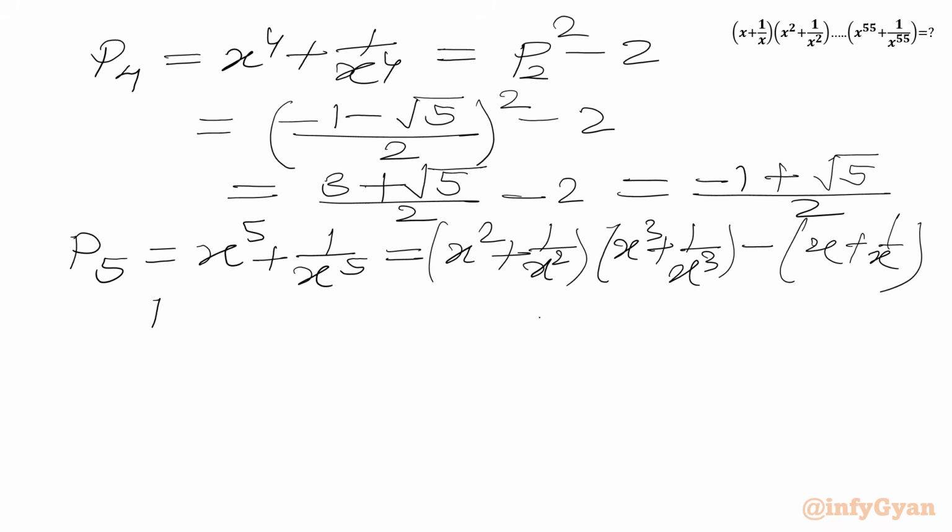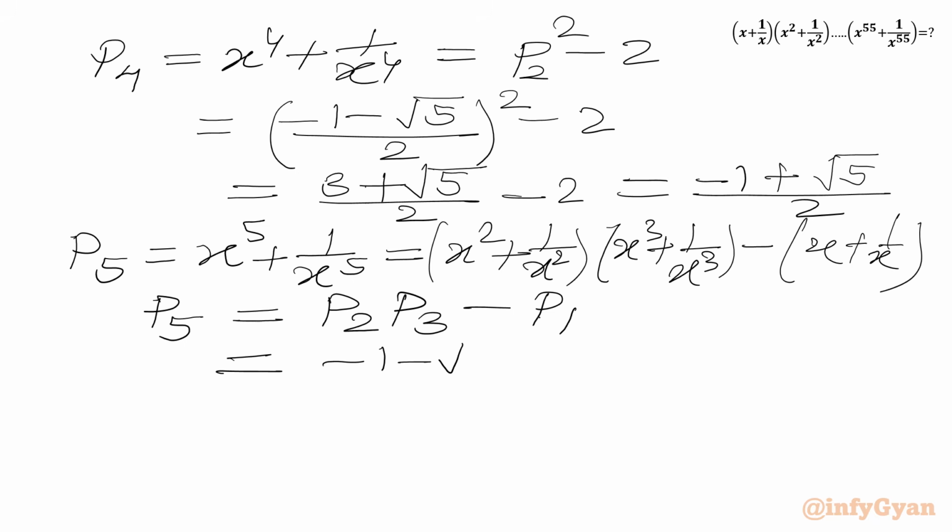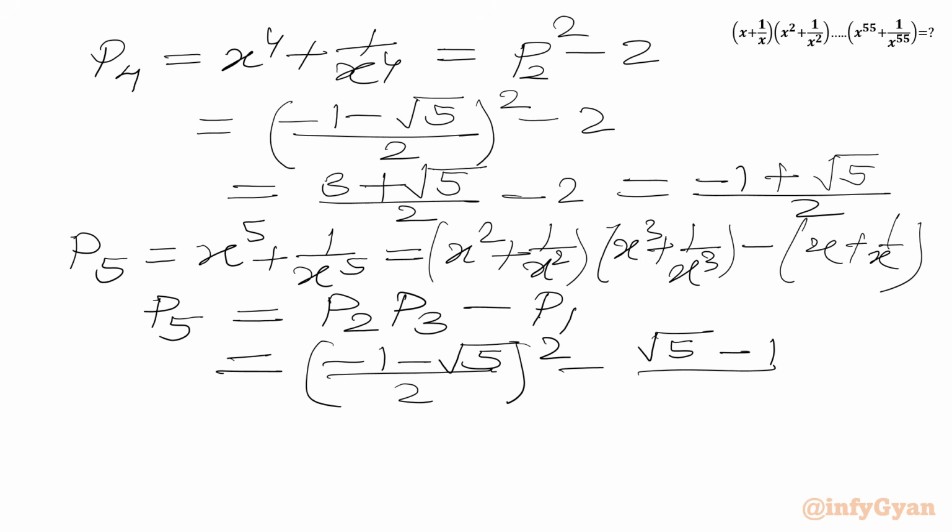So I can write here P5 will be equal to P2 P3 minus P1. Now we know that P2 and P3 values are the same. We will write here ((minus 1 minus root 5) over 2) whole square, and P1 is (root 5 minus 1) over 2.